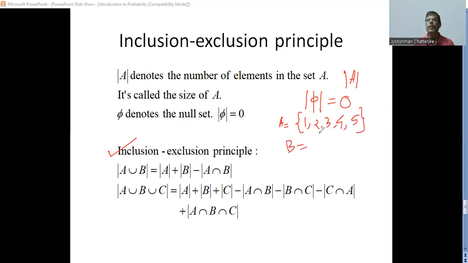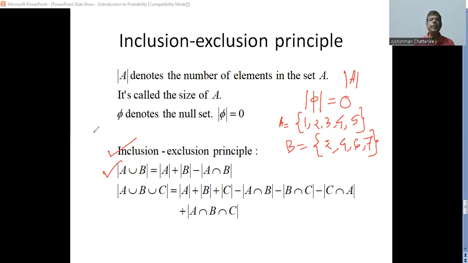And B is equal to 2, 4, 6, and 7. What it says is, size of A union B will always be equal to size of A plus size of B minus size of A intersection B.